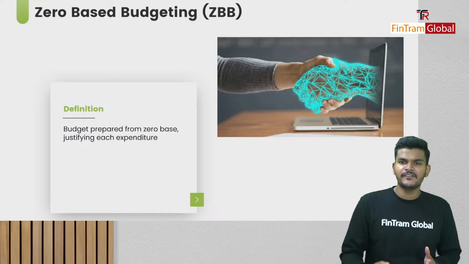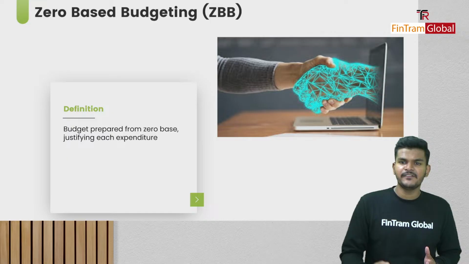Okay, folks, we're starting from the basic, from the scratch, so that the budget is not carrying forward any inefficiencies that occurred in the previous year. Okay, folks, so that's basically the idea. Each and every item which needs to be included in a zero-based budget would be scrutinized, right? And then it will be evaluated properly before getting included.